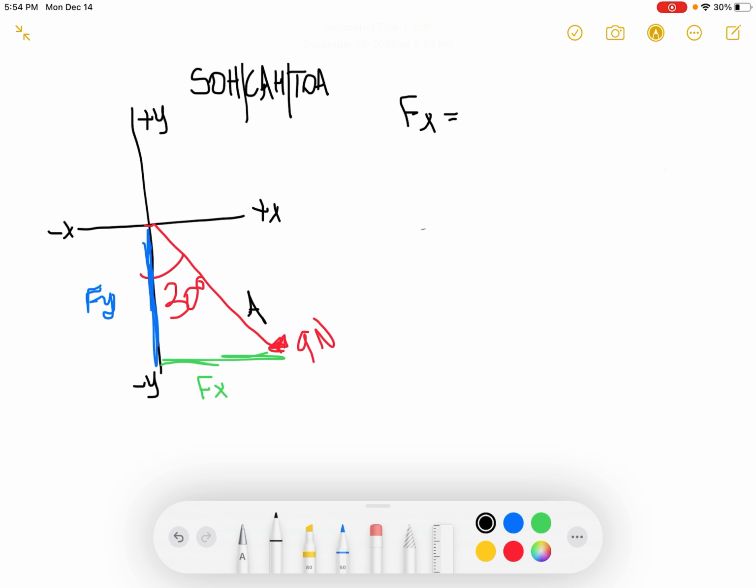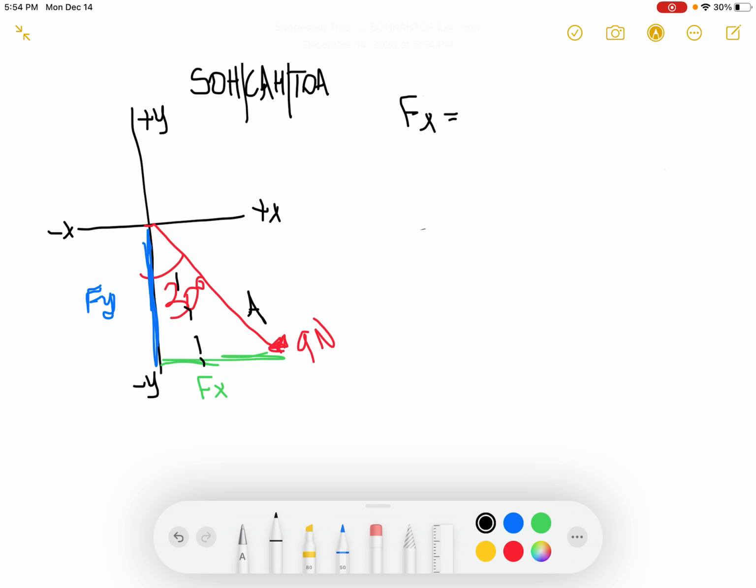So we know the angle is opposite to Fx, and so therefore we need to use sine.